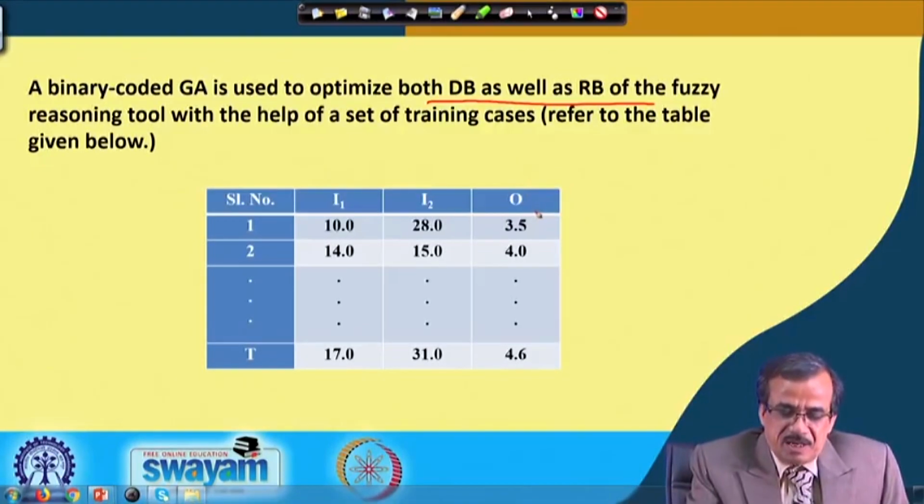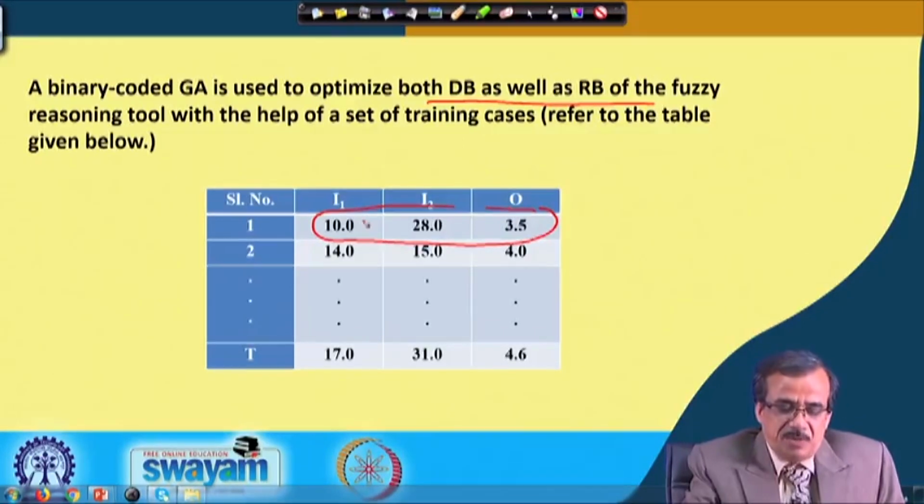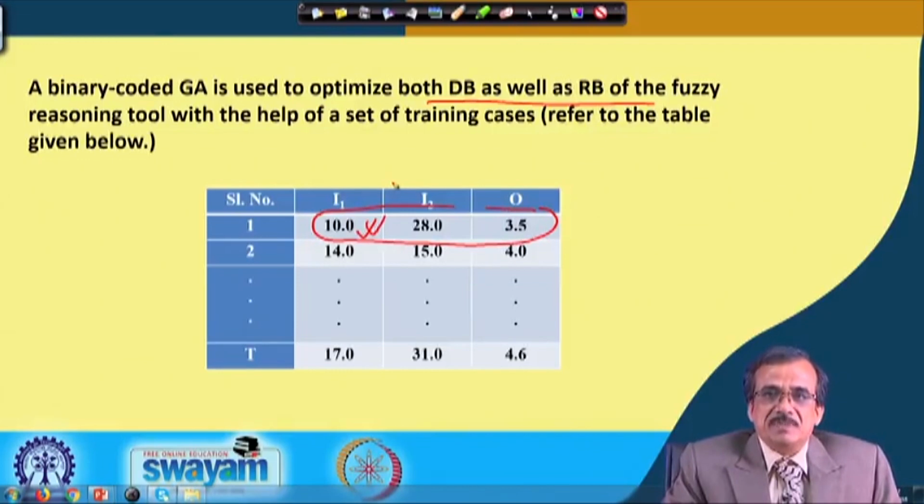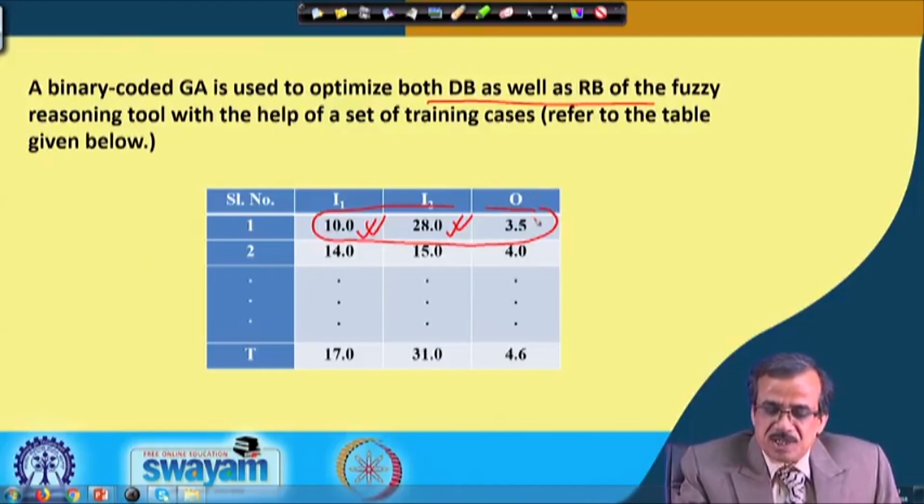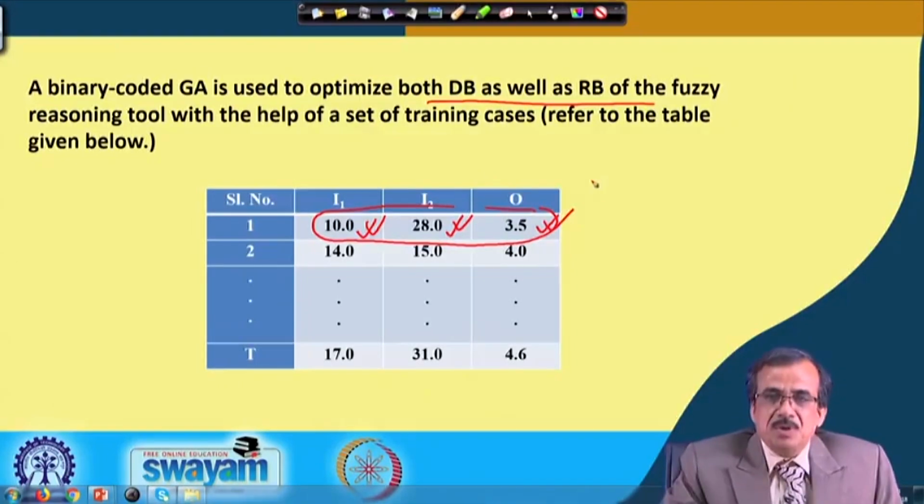For example, say the first training scenario is: if I 1 is 10 with some units and I 2 is 28 with some other units, then the output is 3.5 with some other unit.